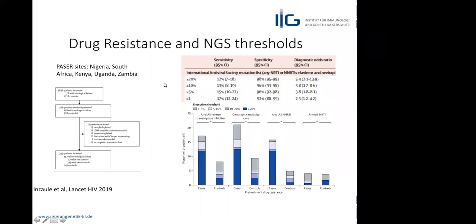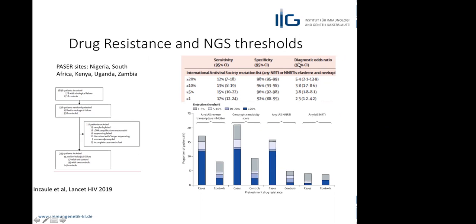At least this study showed that using NGS for detecting drug resistance, if you use a lower cutoff compared to Sanger sequencing with a 20% cutoff, the sensitivity is increasing, but the specificity is decreasing.